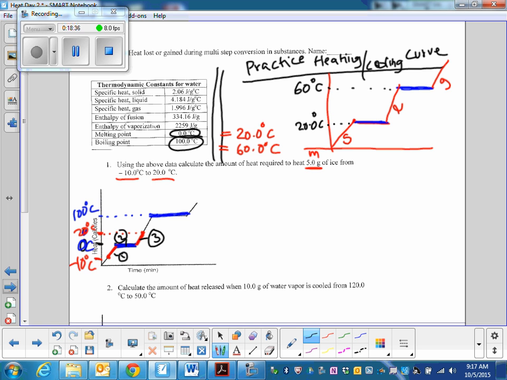So, when you are given a question like this, you have to be really careful. Okay. So, what equation will I use for step number 1? Gabby, I'm right here in step 1. It's a slope. What equation will I use?